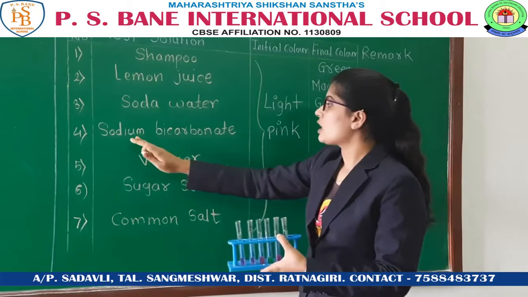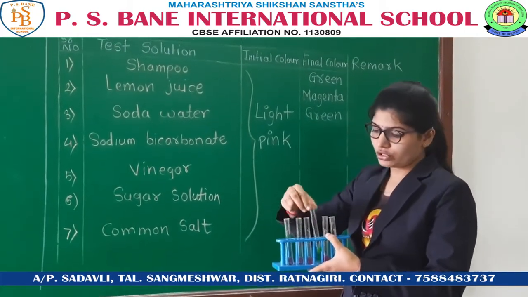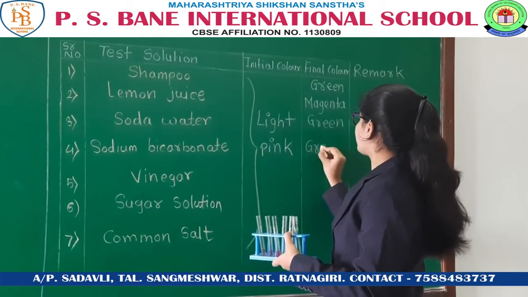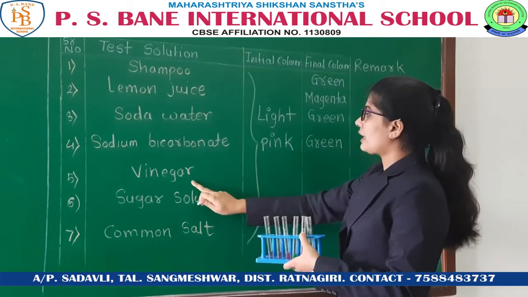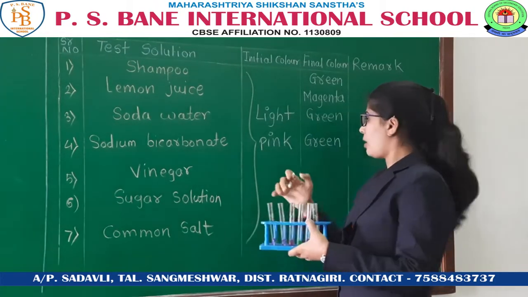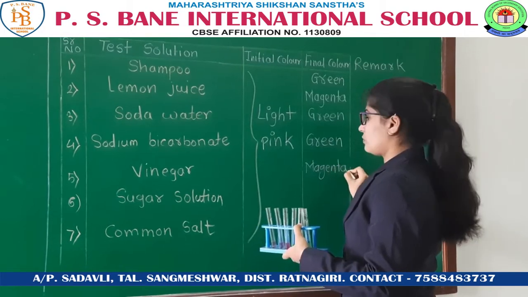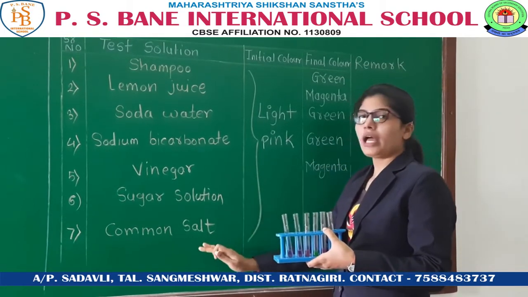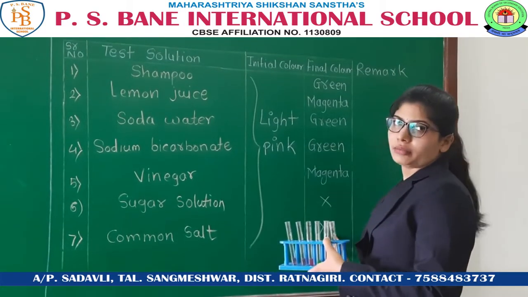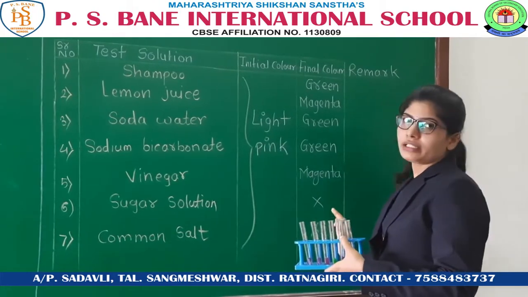Understood? Next one is sodium bicarbonate. Sodium bicarbonate is your baking soda solution. You can see that it is in green color. Next one, vinegar. You can see here that it is magenta. Next, sugar solution and common salt. There is no change, so don't write here. Means the light pink, the result is same.